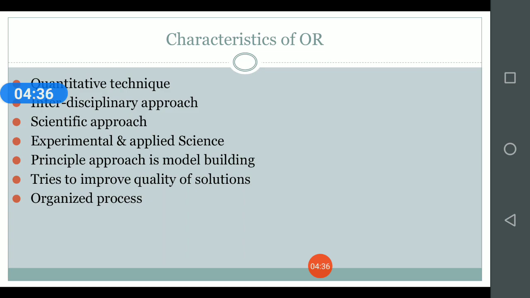So basically, its aim is to improve the quality of solutions. And the last characteristic of operations research is that it is an organized process. It goes step by step in its functioning.